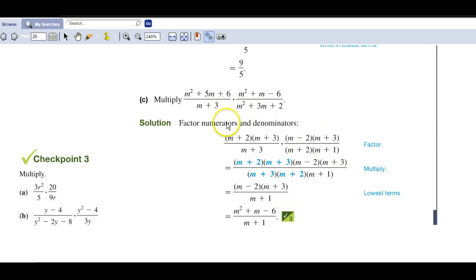And this one the same. You're going to carefully factor this, factor that, and cancel out wherever you can. Now, notice here it is in factored form, but here they have multiplied. Now they should accept this one as well as this one.